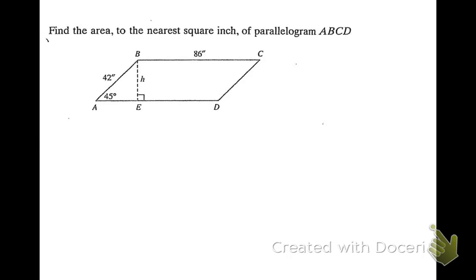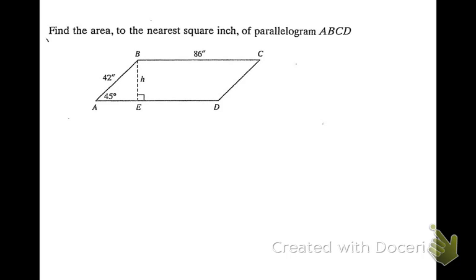How can I find the area of this parallelogram? Yes? Well, first we need the height. If you use this right triangle, which I think happens to be a 45-45-90 right triangle, we could use the layout here.